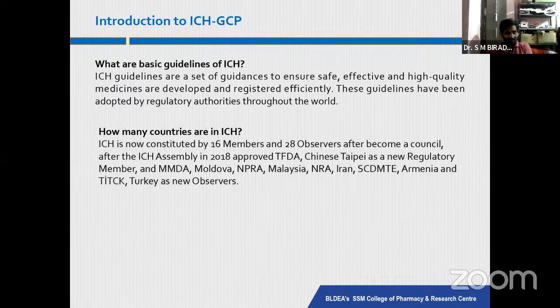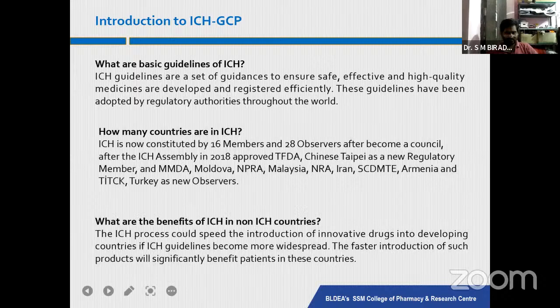How many countries are in ICH? Nowadays around 105 countries are part of this ICH. In 2016, India also became an ICH member, and it is acting as an observer. And what are the benefits for ICH and non-ICH countries?